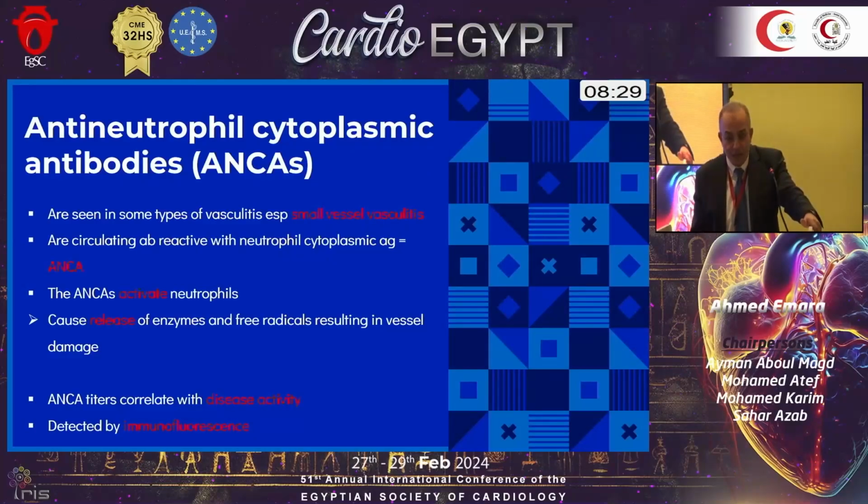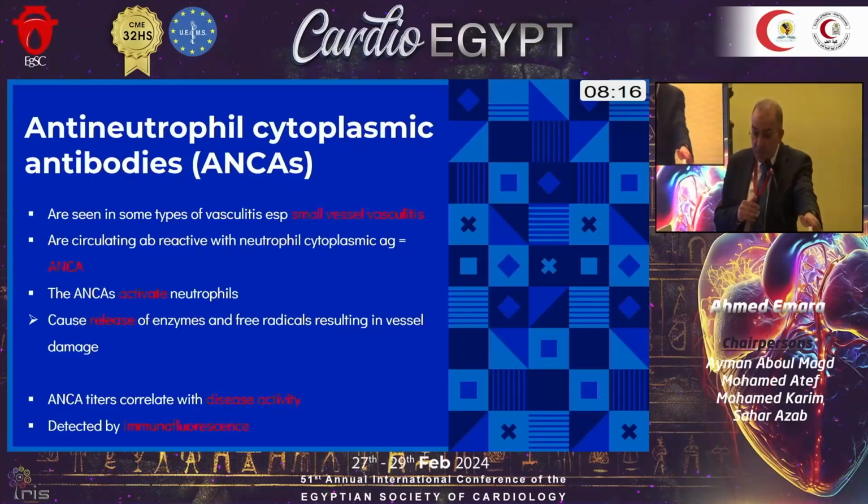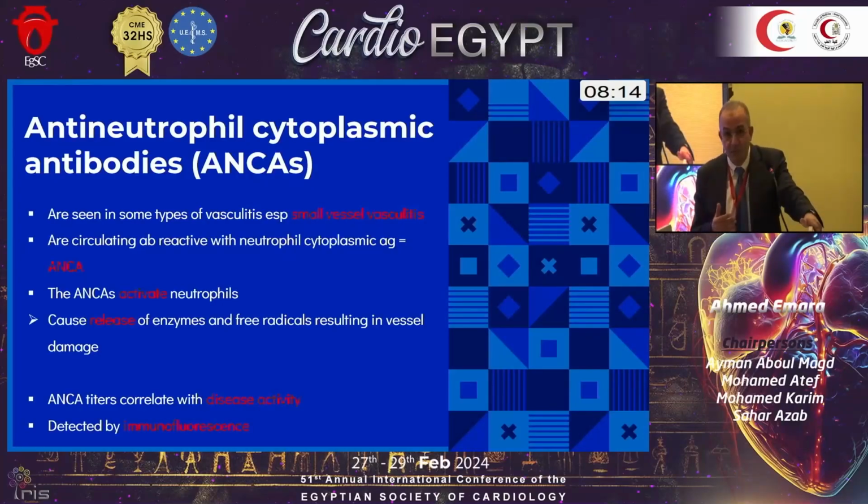Actually, when the allergen attacks, the neutrophils break down this allergen and produce antigen. This antigen is presented on the cell surface of the neutrophil. The activated B lymphocytes respond by formation of antibody against this antigen. These are the anti-neutrophil cytoplasmic antibodies, or the ANCAs. The ANCA correlates with disease severity. The higher the titer, the more active the disease, and it is detected by immunofluorescence.